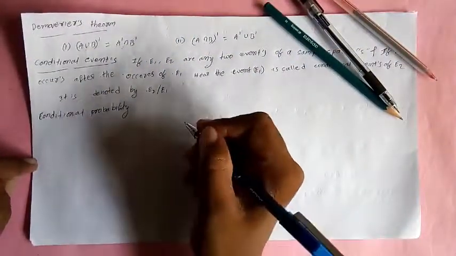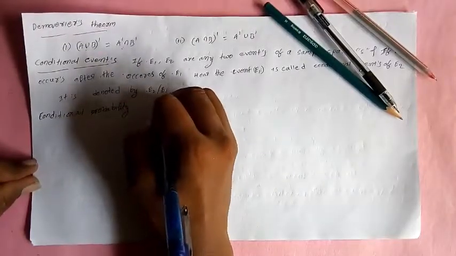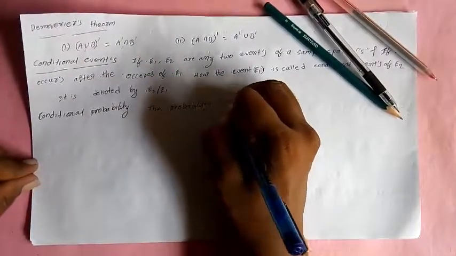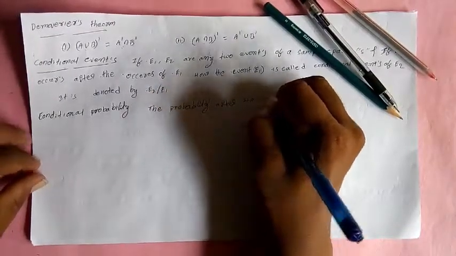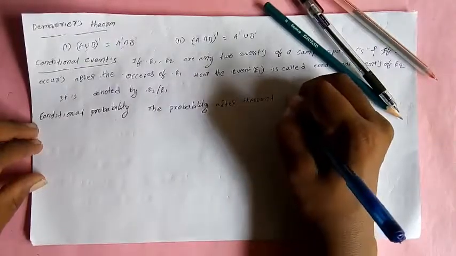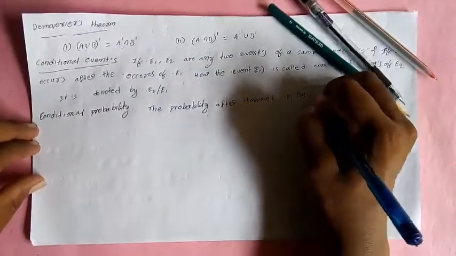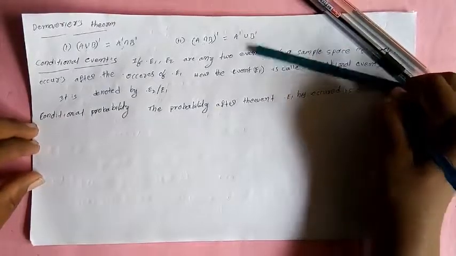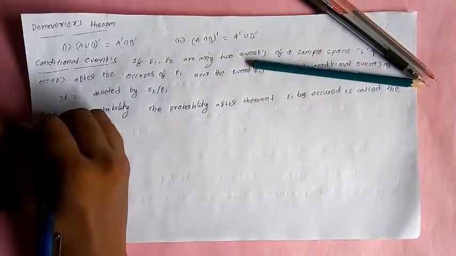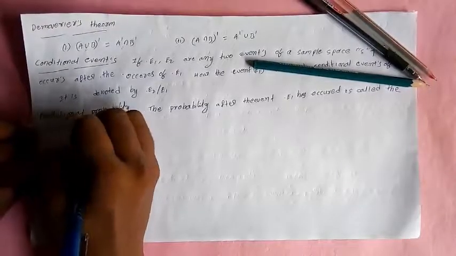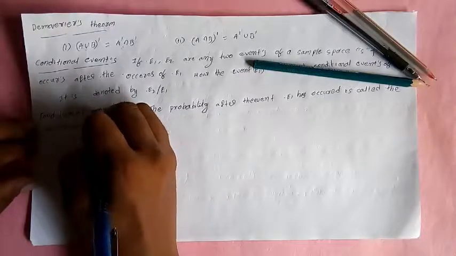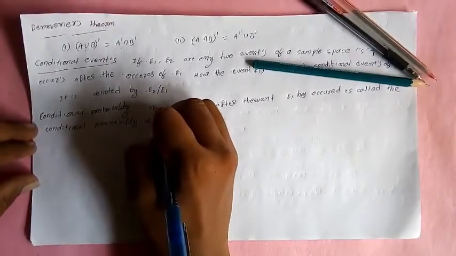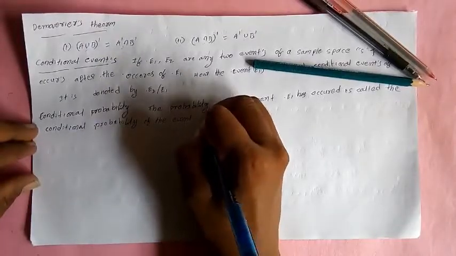First, we want to write the definition of the conditional probability. The probability after the event E1 has occurred is called the conditional probability of the event E2.